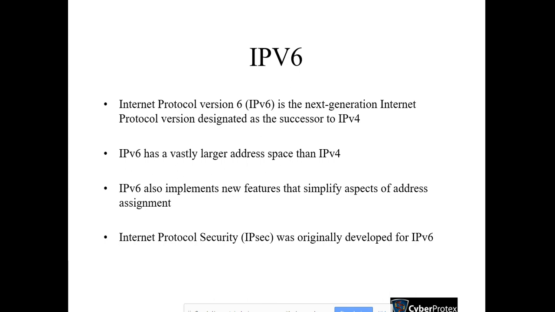That would be 128. Or you might actually see something on the exams that says IPsec is for what? I'm just being generic here because you could see something a little bit more specific, but you know that if it's a question about IPsec, it's typically using IP version 6. So that's important to know as well.